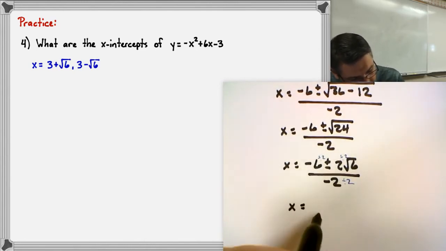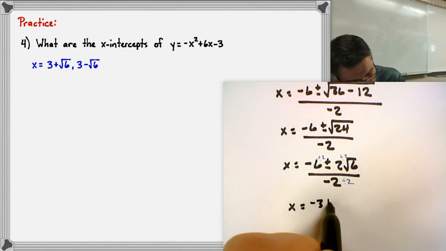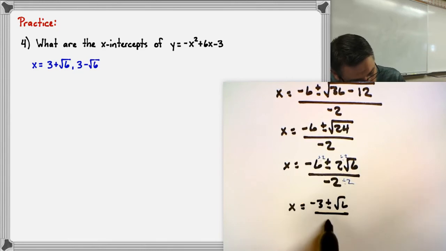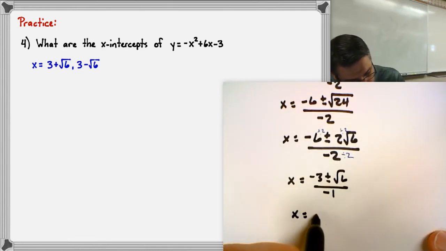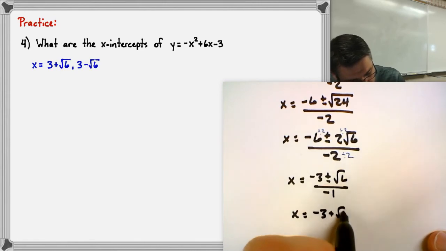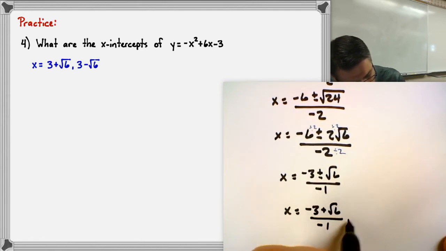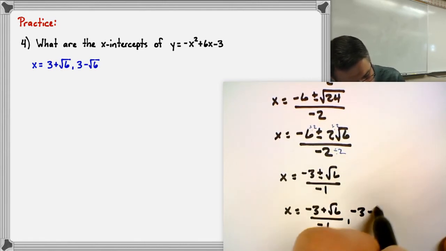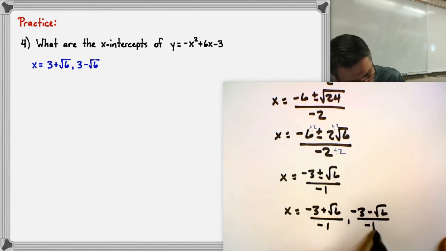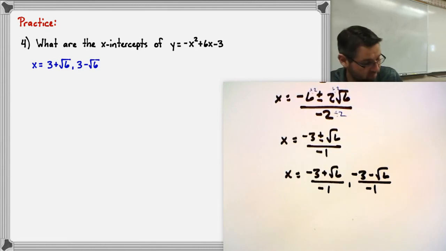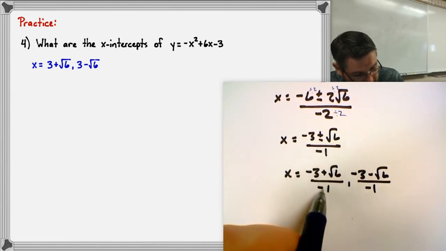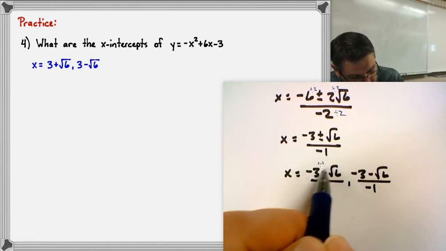So we end up with negative 3 plus or minus radical 6 over negative 1. Our two cases then are x equals negative 3 plus radical 6 over negative 1, and negative 3 minus radical 6 over negative 1. Now, because that's over 1, I can actually simplify that a little bit further. What if I divide all of this by negative 1?